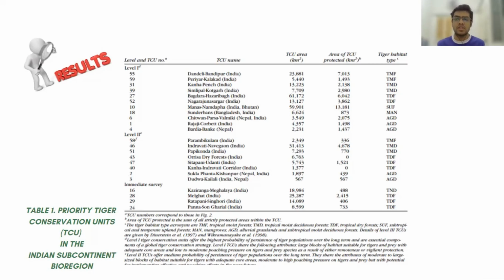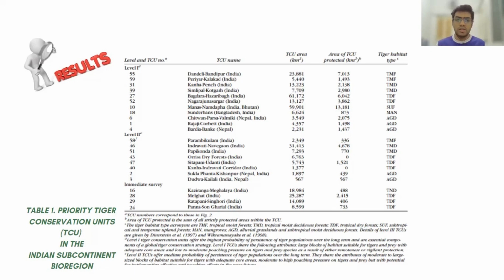This bioregion has 6 types of tiger habitat: TMF, which is tropical moist forest; PMD, tropical moist deciduous forest; TDF, tropical dry forest; MEN stands for mangroves; AGD stands for alluvial grassland and subtropical deciduous forest; and lastly SUF, which is subtropical and temperate upland forests.